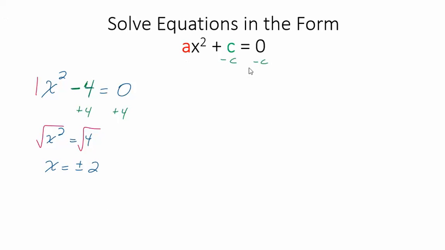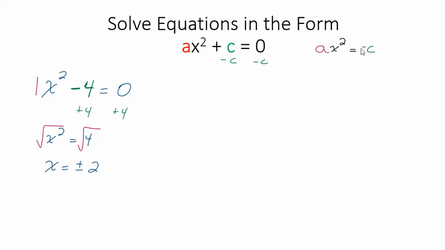So generally, if I come over here and finish what I was doing, I would get a times x squared equals, and then I moved my c to the other side. If c is positive, this is going to be a negative. If c is negative, this is going to be a positive. So this is just going to be some value over here.